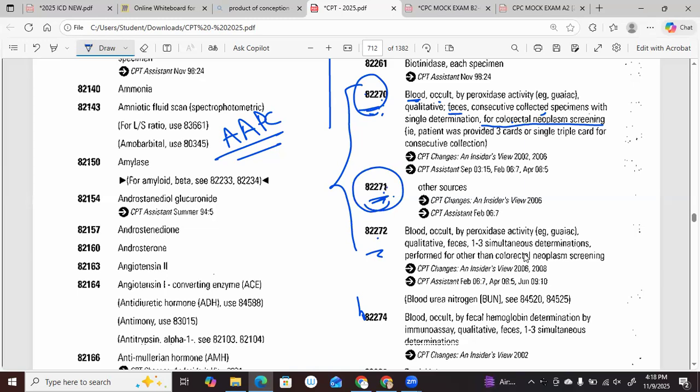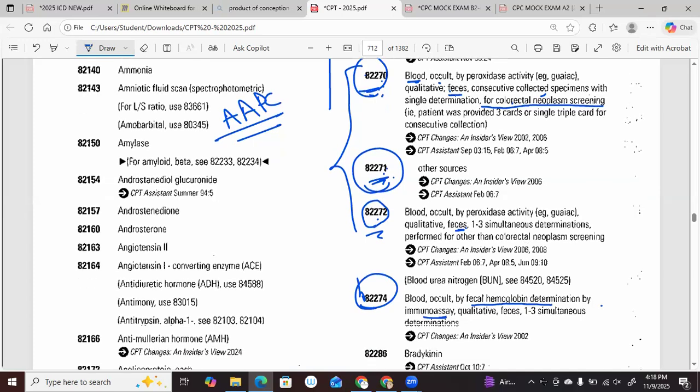And if the doctor is checking blood occult for other than colorectal screening, where the doctor is not checking for colorectal cancer, we are going to bill 82272 if the source is feces, and 82274 if it is a fecal hemoglobin determination by immunoassay, and 82272 is without immunoassay.